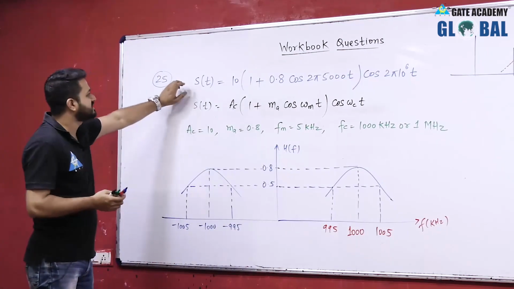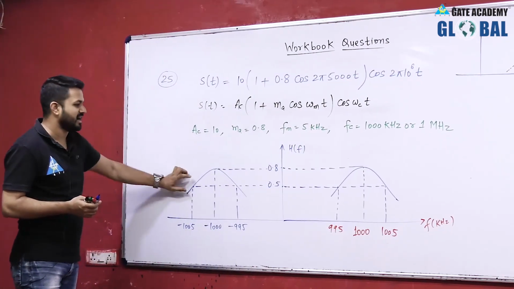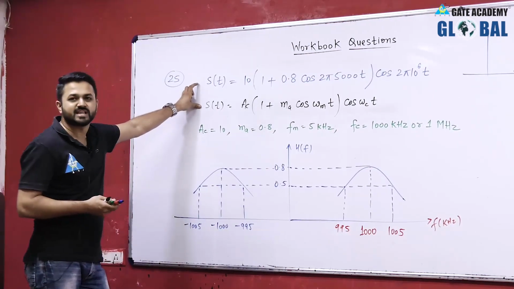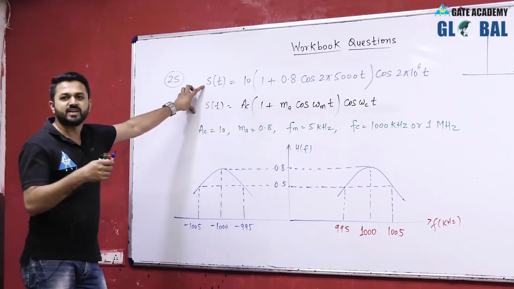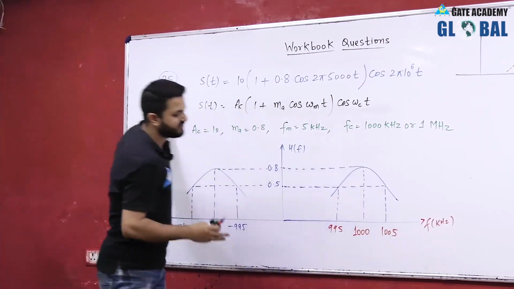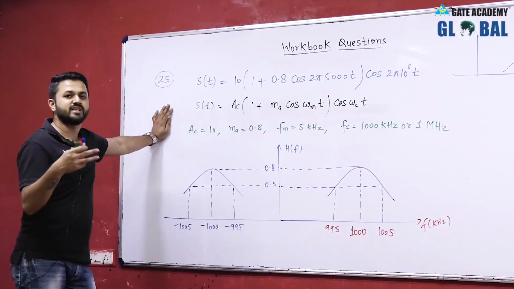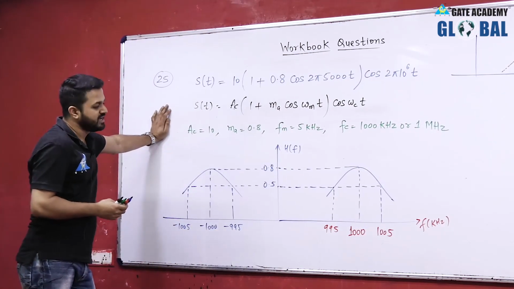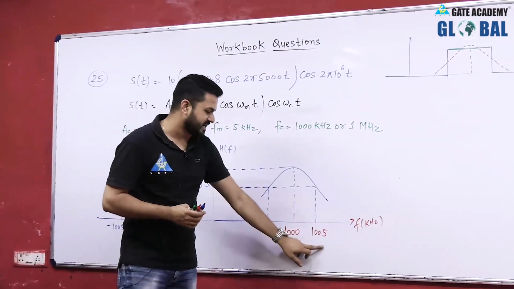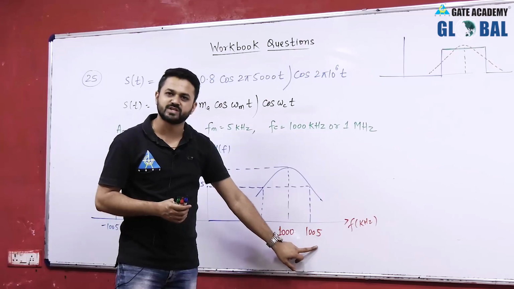Now we are saying that this amplitude modulated signal is passed through this filter. First of all we have to see what frequency components are present in this, so that we can say the filter ranging from 995 to 1005 will pass those frequency components. From here we can see that frequencies ranging from 995 to 1005 can pass through this filter.